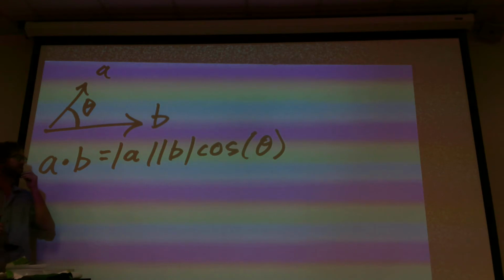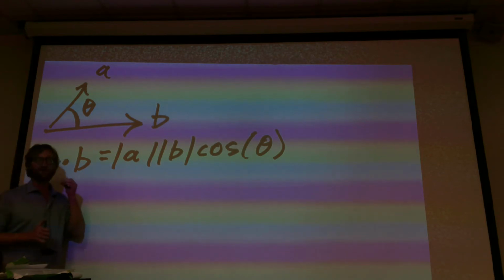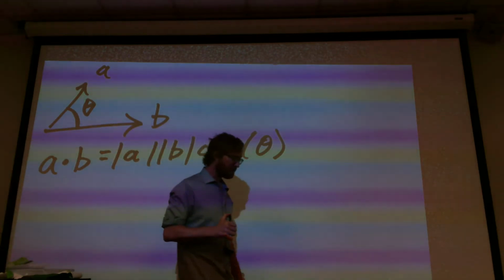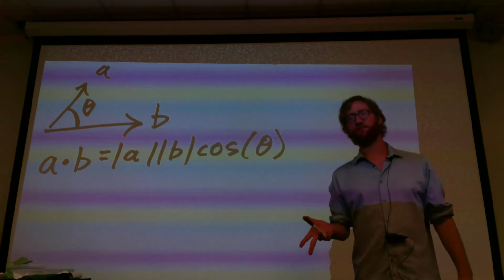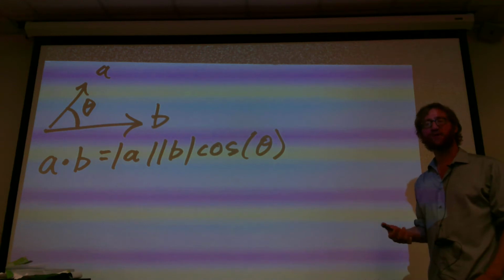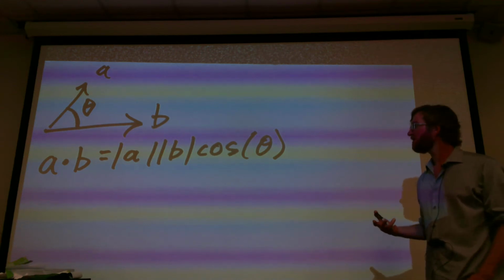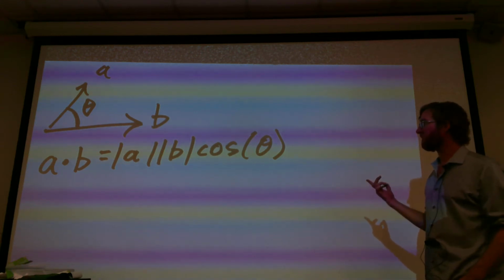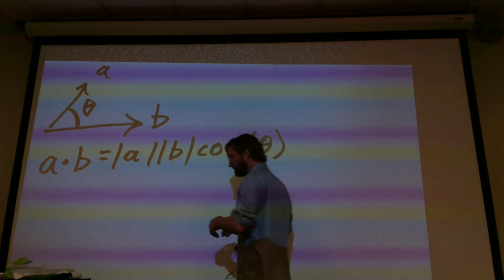Now let's think about a property that would actually occur because of this. We know that cosine of 0 is 1, and cosine of pi over 2, or 90 degrees, is 0. So from this property, what do we get?